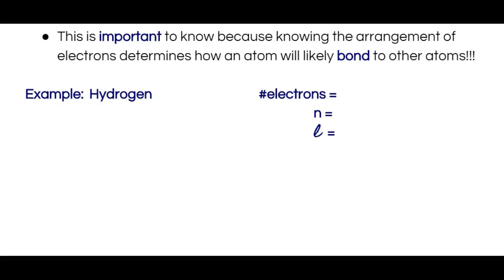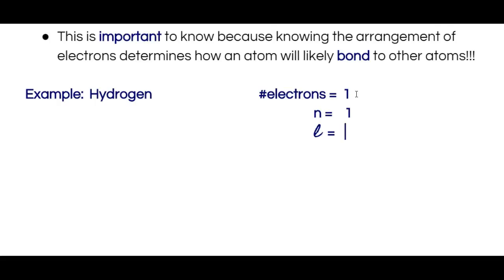So we're going to start with the simplest element, which is hydrogen. Without a periodic table, I think most of us know that we can predict the number of electrons it will have. It has 1 electron. If we're talking about ground state elements and their configurations, which is where we're going to start, then that 1 electron is going to have a principal quantum number of 1 because it will fill that first energy level.